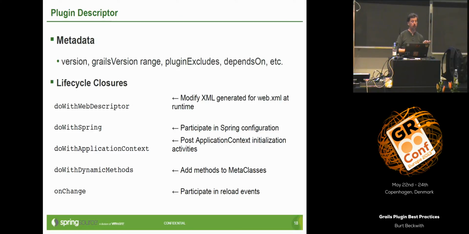And then on change is where you will handle those events that happen based on changes made for artifacts that you were listening to changes for, right? So in the Spring Security plugin, I look for changes in controllers. So every time you edit a controller and that gets recompiled, I'm going to get an event passed to my on change, and I can then handle that.